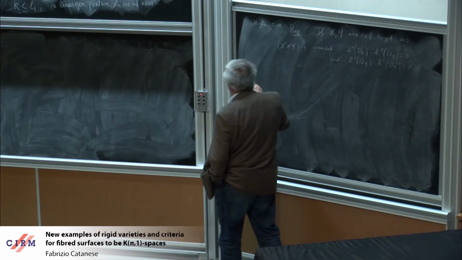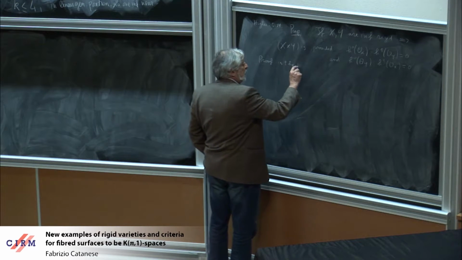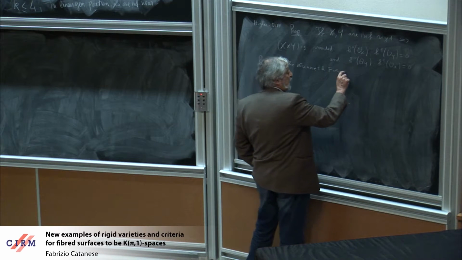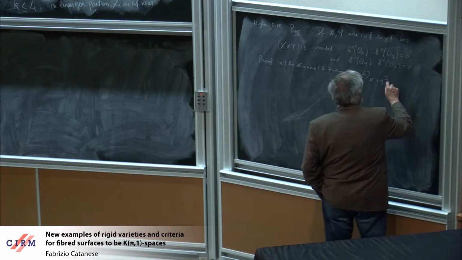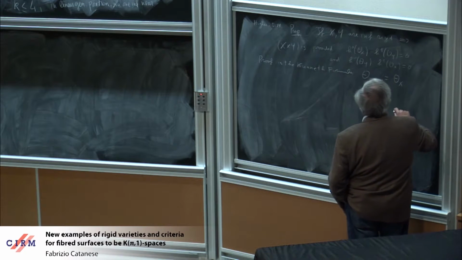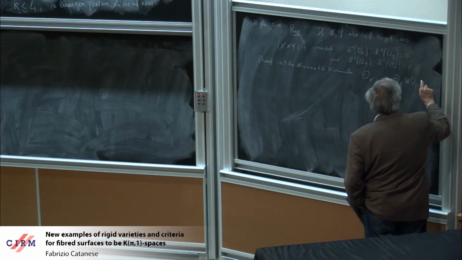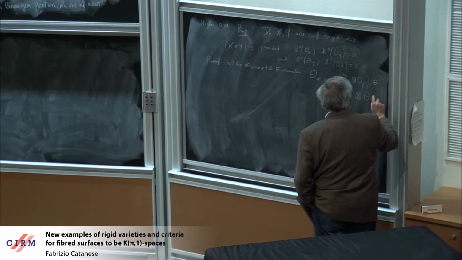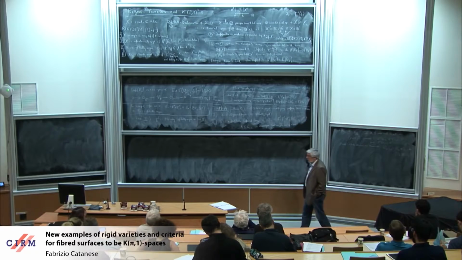The proof is the Künneth formula: Theta of X times Y is the direct sum of the exterior tensor product of Theta X with O_Y, direct sum with the exterior tensor product of O_X with Theta Y. And that's how you get this easily, and so you get more examples.